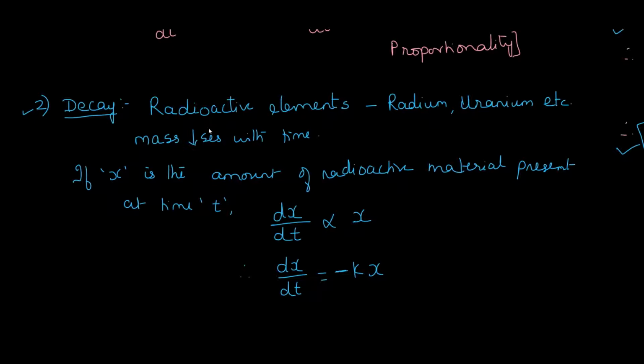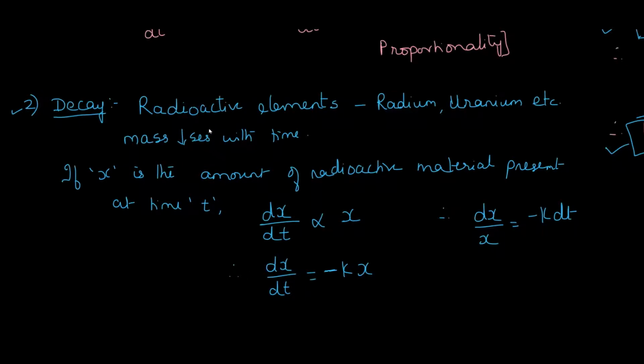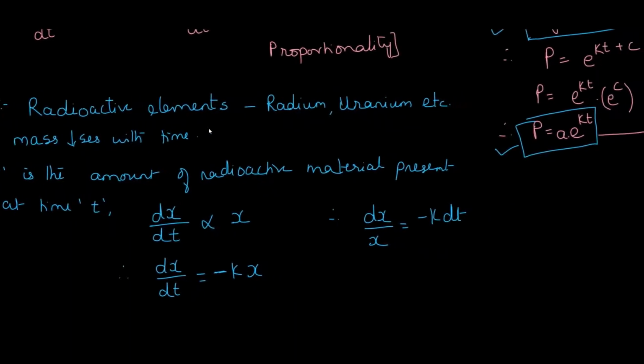Solving as usual, we bring x to the LHS from the RHS and we take dt to the RHS, just like in the case of growth we saw. Therefore we have dx upon x is equal to minus k dt. Since we have separated out the variables, we can now put our integration sign.